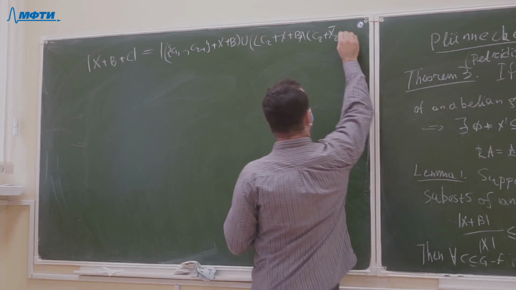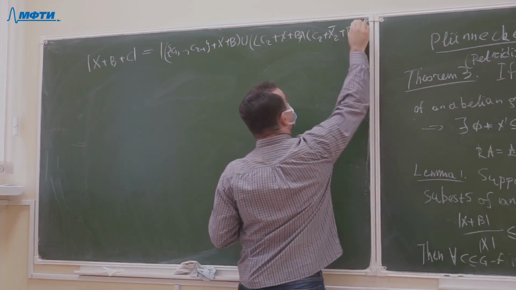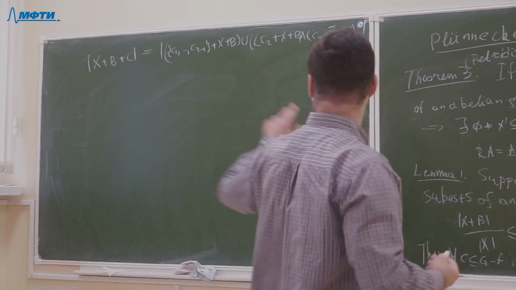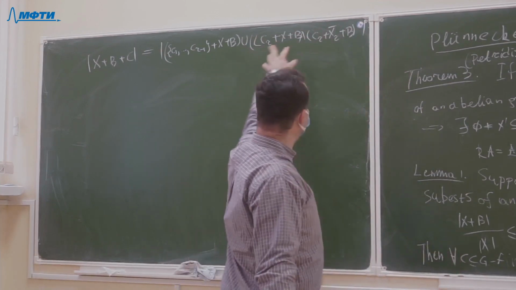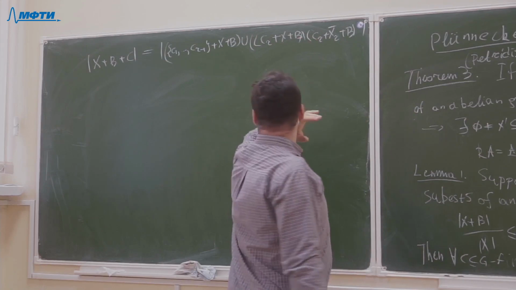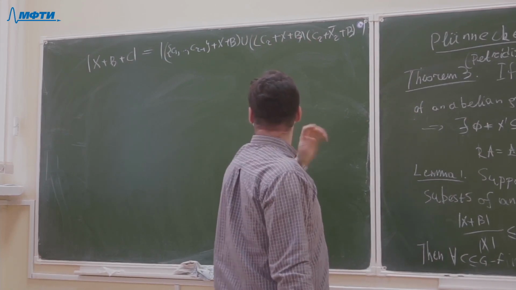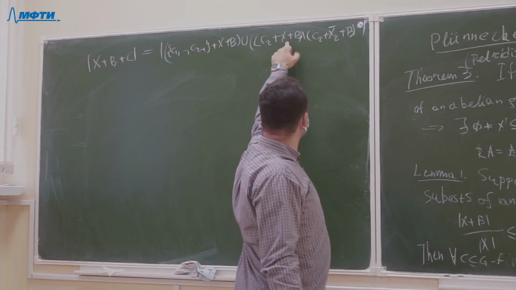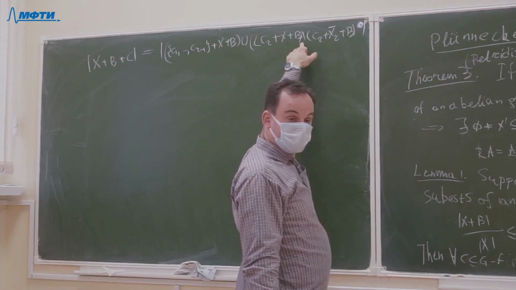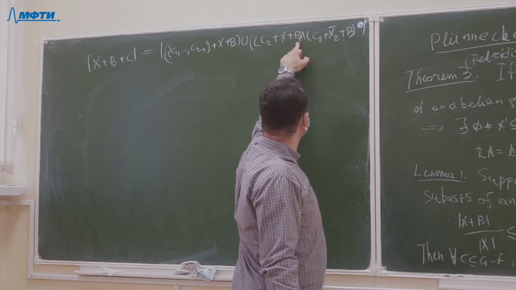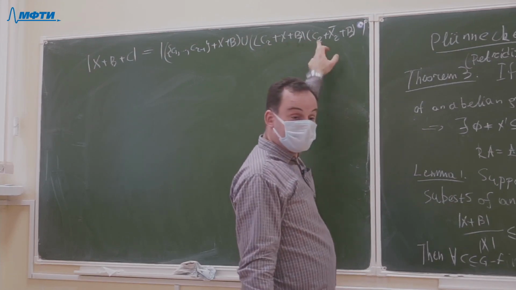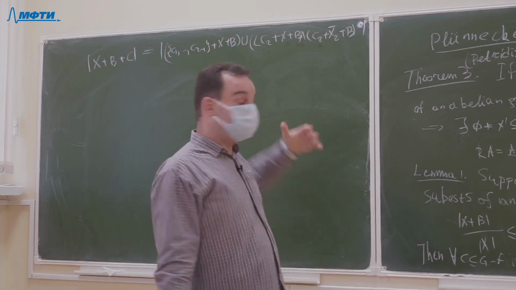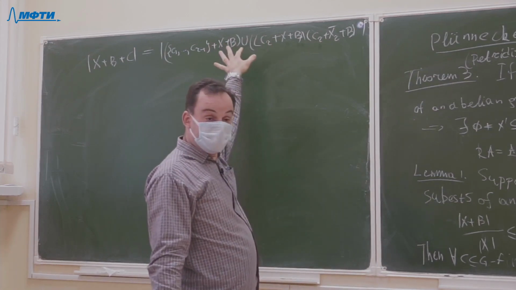Why did I represent this set in this way? Well, look here. I didn't write down C_r plus X_r plus B. I wrote C_r plus X plus B minus this set because I also want a non-intersecting union here.